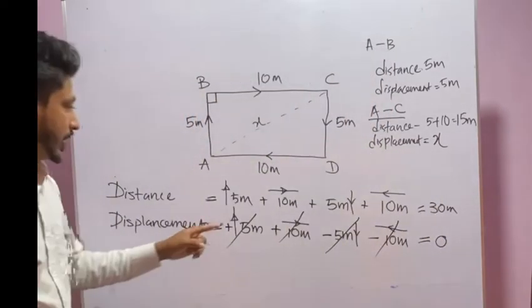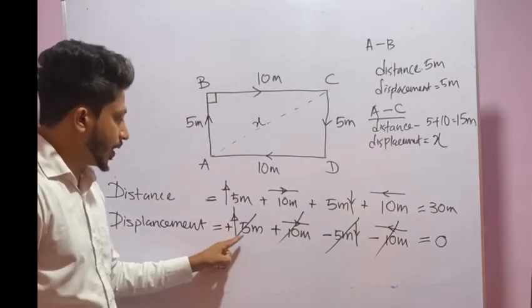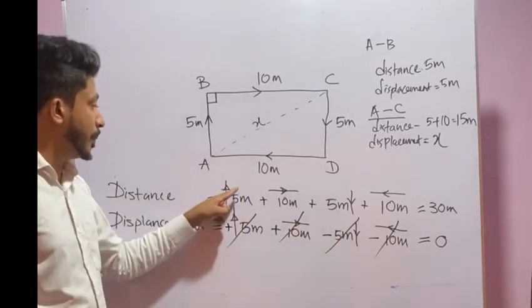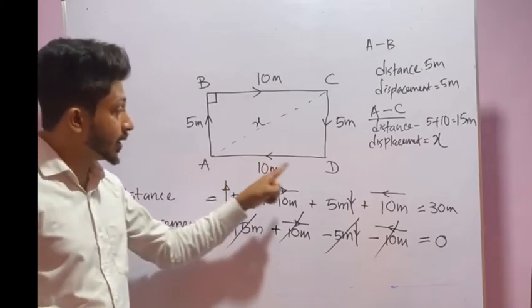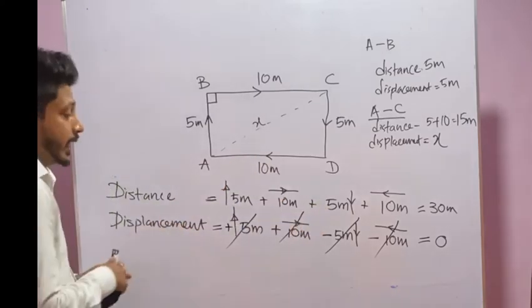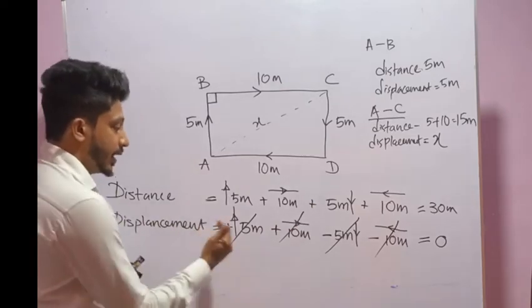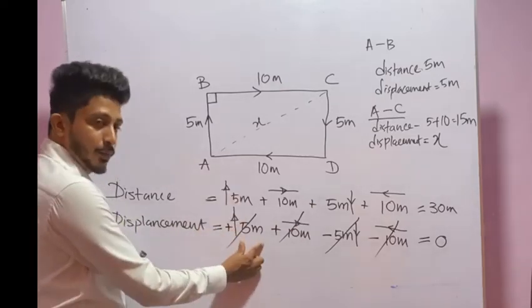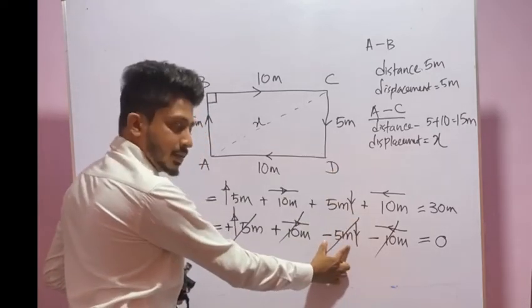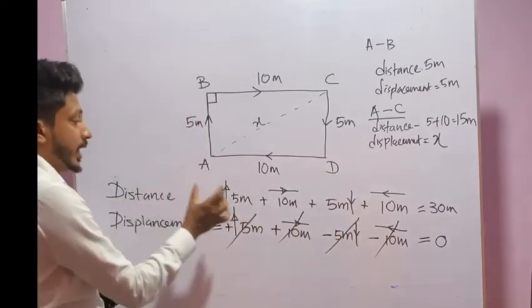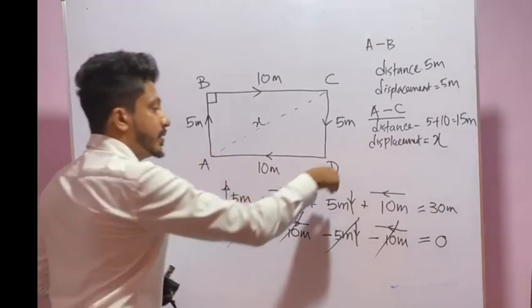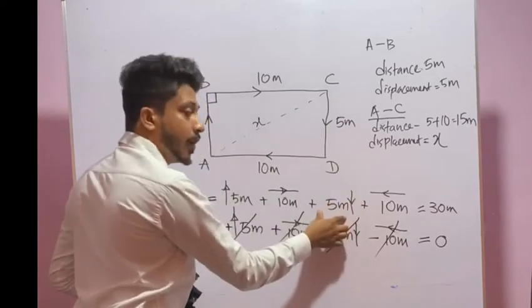Here, this upward 5 meters is cancelled by the downward 5 meters, but here that upward 5 meters is not cancelled by this downward 5 meters.